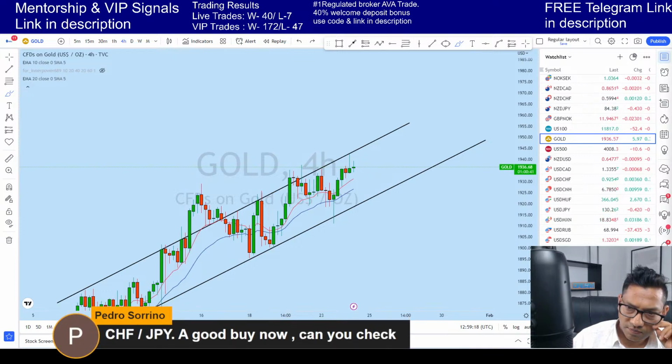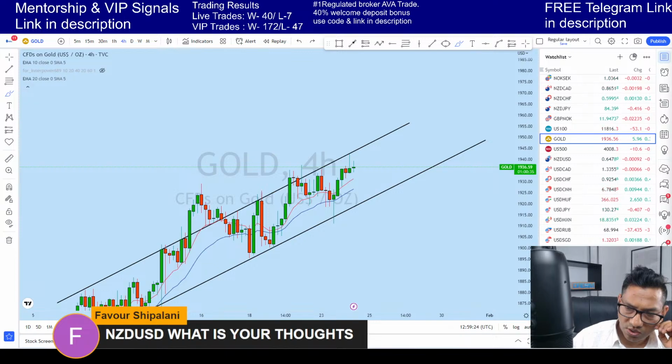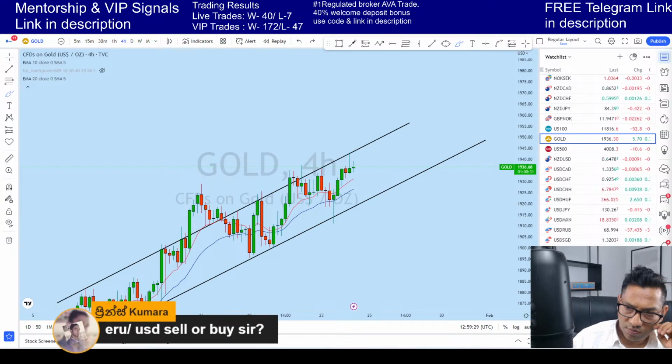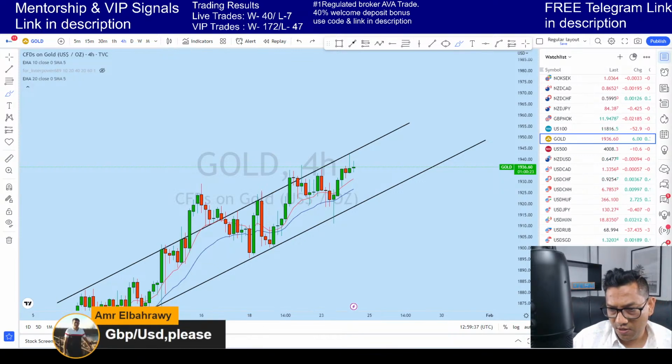We'll look at it. Pedro. Favor. NZD USD, what's your thought? Yeah, absolutely. Look at it. USD sell or buy. GBPUSD, please. USDJPY, please. GBPUSD, please.